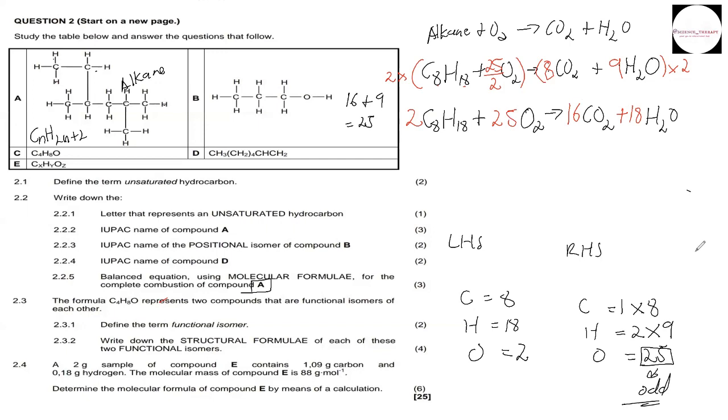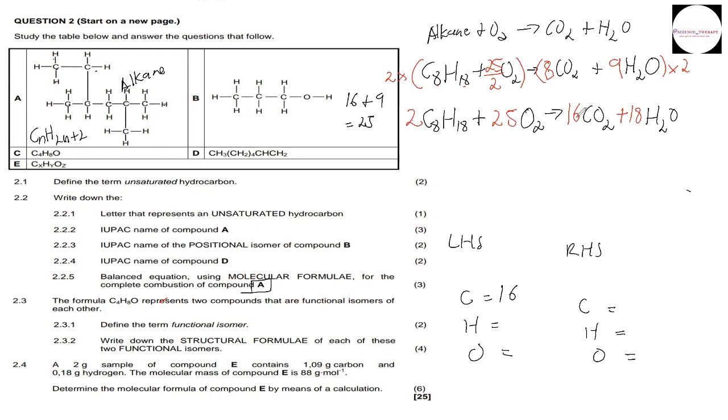Now let's confirm if this balanced out our equation. Let's now confirm again with the CHO method if our equation is now balanced. So, okay, on the left-hand side, how many carbons do we now have? That's 2 multiplied by 8, so that's 16.